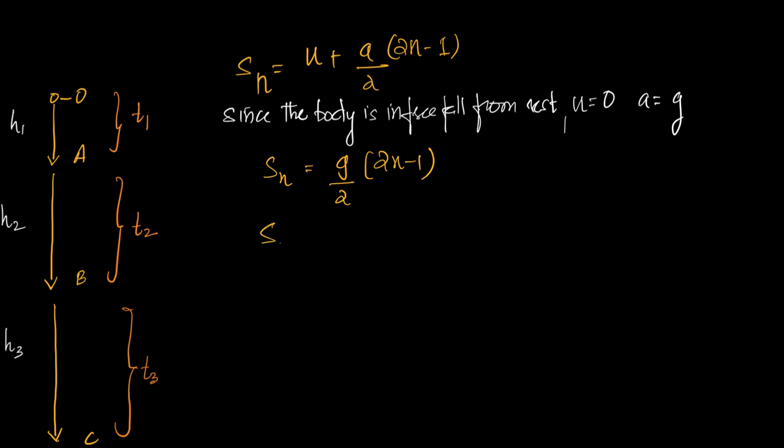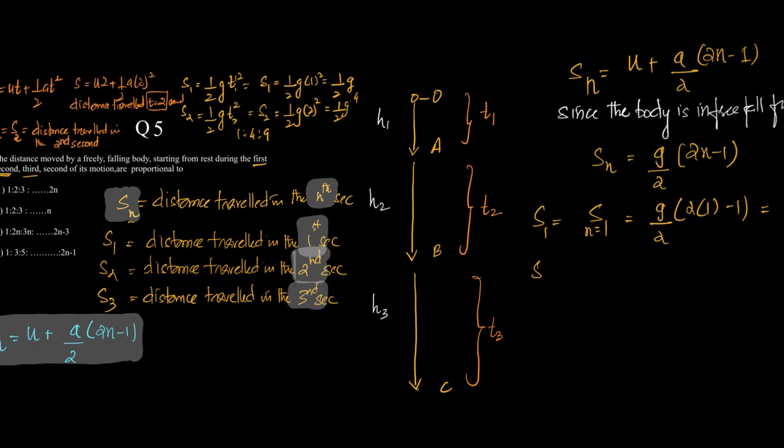So, what is S1? S1 is equal to S when n is equal to 1. g by 2 into 2 into 1 minus 1, which is equal to g by 2 into, what is 2 into 1? 2. 2 minus 1 is 1. So that is g by 2 into 1. Similarly, what was the question asking about?